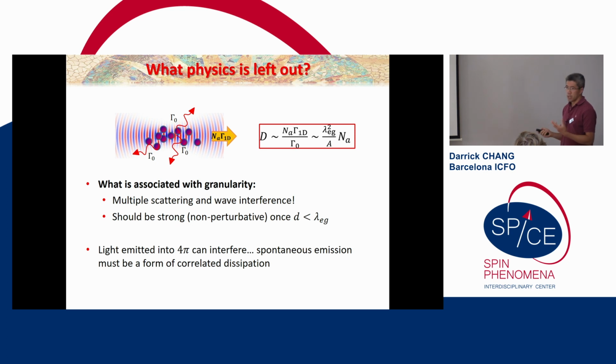And so then essentially by conservation of energy, you're forced to conclude that this kind of picture of independent emission, so if an atom is excited, it's going to emit into 4 pi at a rate that doesn't depend on any other atoms or microscopic details, fundamentally cannot be correct. So the true model of atom-light interactions, and in particular this kind of emission into 4 pi, has to be a story involving correlated emission or correlated dissipation.